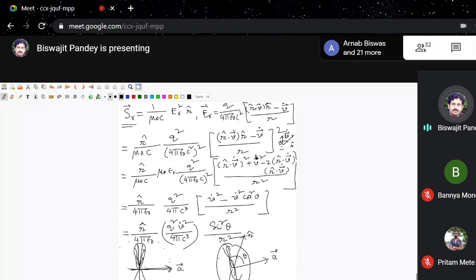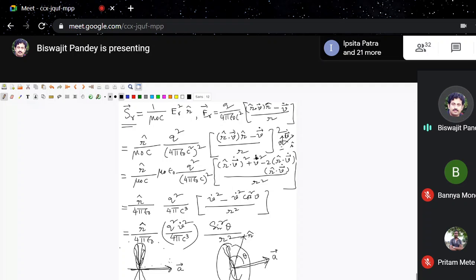So this is possible along each and every direction around the point charge. That's why it will look like a donut shape, a donut shape pattern perpendicular to the direction of acceleration. So the moving point charge is accelerating along this direction, and the radiation is emitted along all the orthogonal directions in the shape of a donut, right?